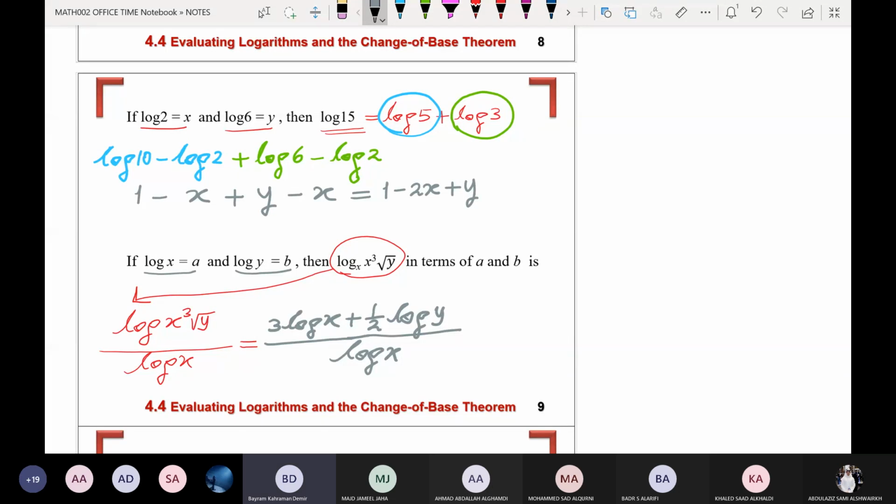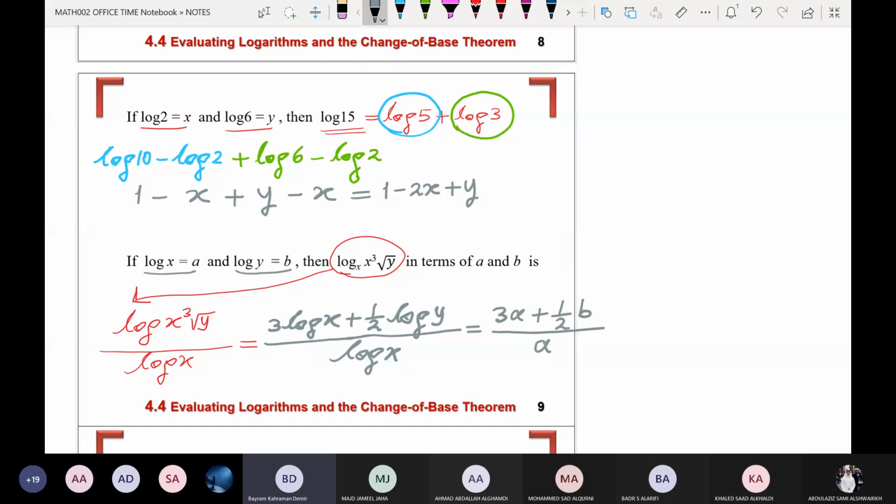Shabab, is this step clear for you guys? Yes. And we can write it now as the numerator minus the denominator? No, Shabab, because this is this. So this is all you can do. Logarithm of x is a, so it is 3a plus half times b, all over a.